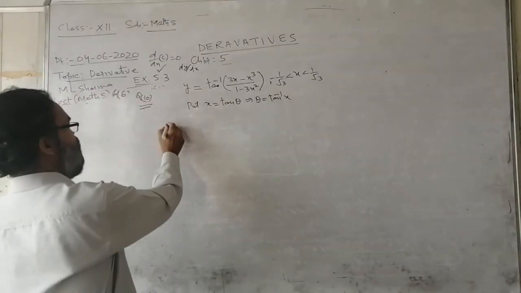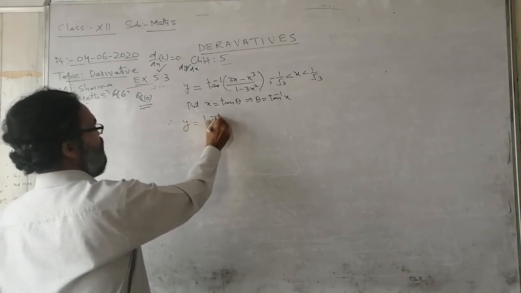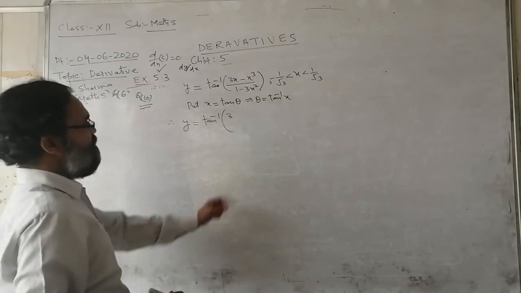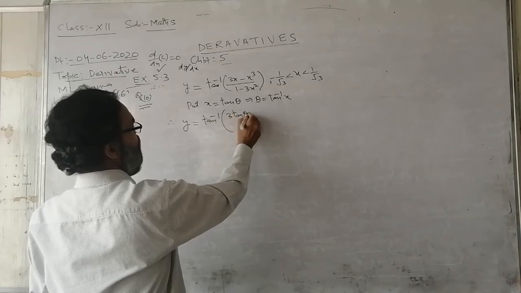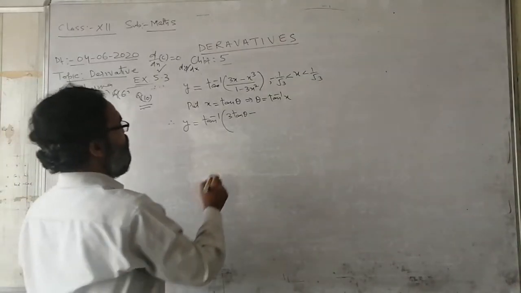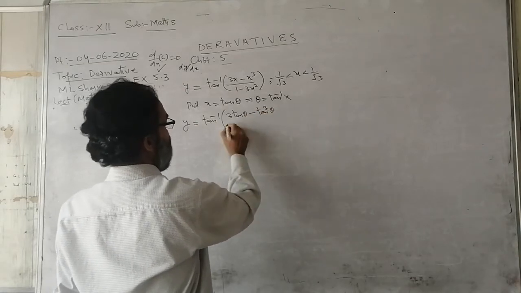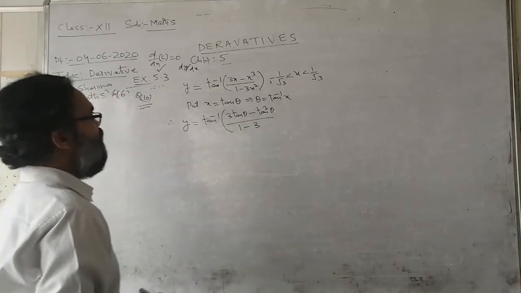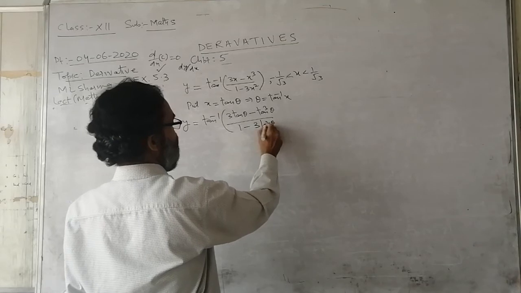So if I substitute this value, y will be equal to tangent inverse of 3 times, instead of x I will write tan theta, minus x cube, that means tangent cube theta, over 1 minus 3 times x square, that is tangent square theta.